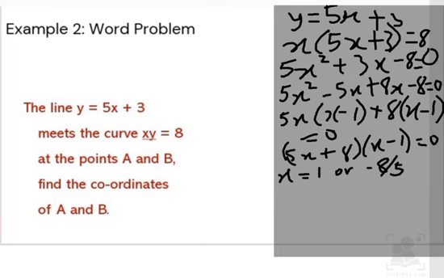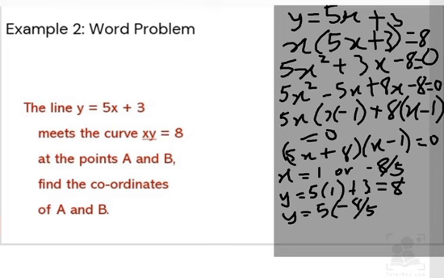So when x equals 1, y equals 5 times 1, which is equal to 5, plus 3, and this gives us 8. Then when x equals minus 8 over 5, y equals 5 times minus 8 over 5, plus 3.